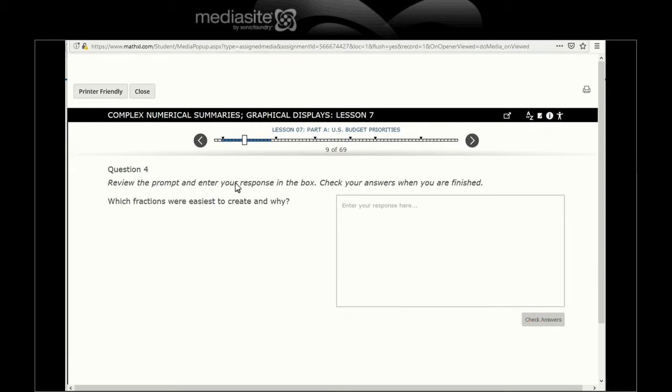Let's see. Review the prompts, enter your response. Check your answers when you're finished. Which fractions were the easiest to create and why? Well, I'd say the fourths and eighths were easiest due to starting with halves and continuing to split them.